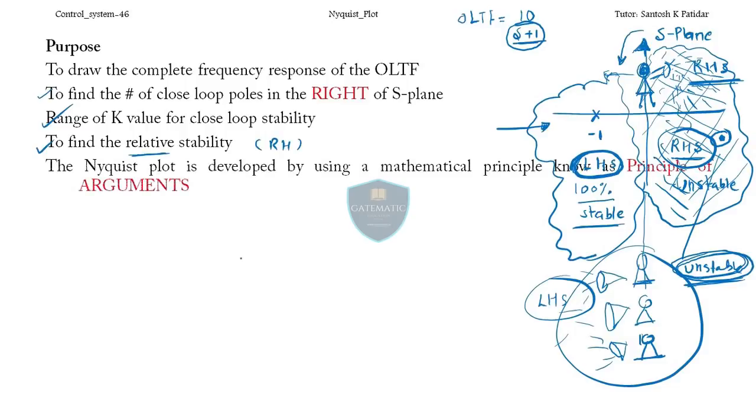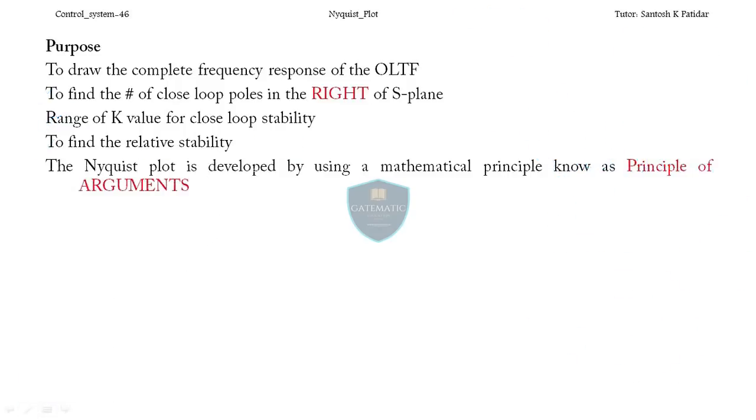The next point is a very important point. Let me clear some part over here. The Nyquist plot is developed using a mathematical principle known as Cauchy's principle of arguments. This is the foundation of the Nyquist plot.